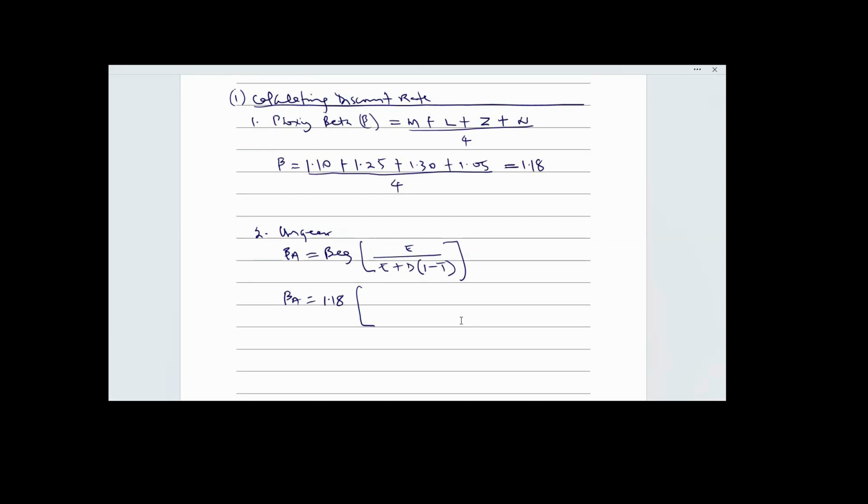So the equity value of the proxy company is 191,909, divided by 191,909 plus the value of the debt. Debt is 40,100. What is the tax rate? Let's go to the question and check the tax rates.